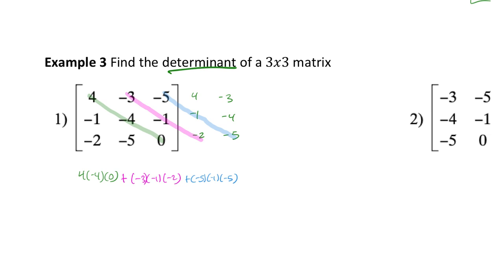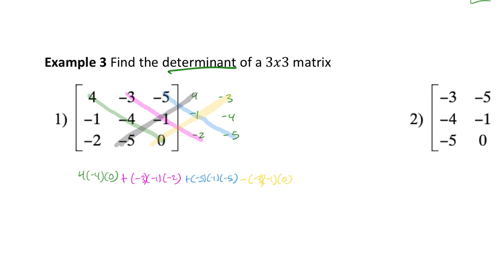So I'm going to go here. I'm going to choose this diagonal here, and I'm going to subtract that one. So that means that minus -3 times -1 times 0. Then I'm going to choose the next diagonal right here. So I'm going to multiply this one here.